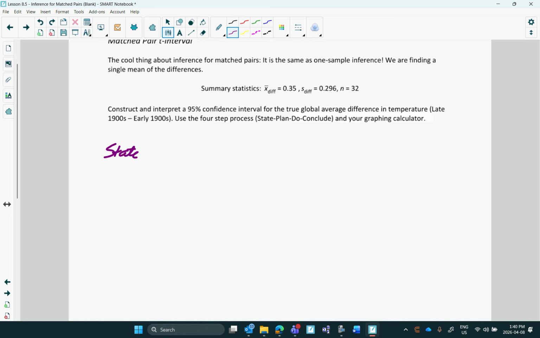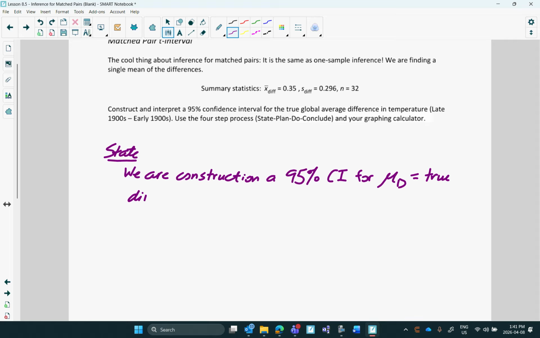So state: we are constructing a 95% confidence interval for what we'll call mu d, or you could call it mu diff, which represents the true difference in temperatures.